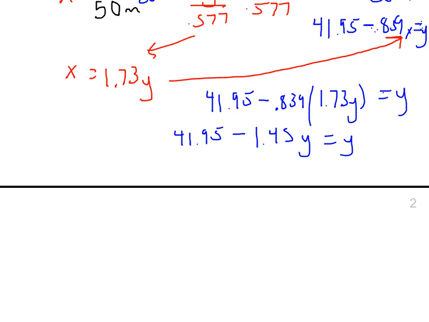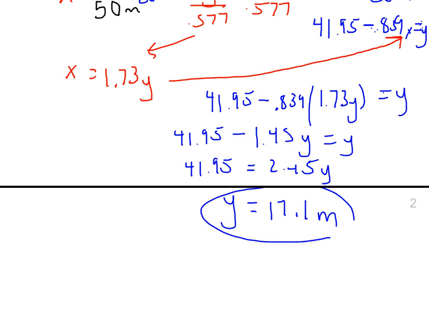I'm going to add the 1.45y to the 1y on the other side, and I get 2.45y, so I have 41.95 equals 2.45y. Then I just divide by the 2.45, and I get that y is equal to 17.1 meters tall.